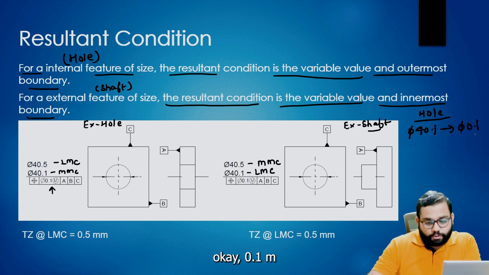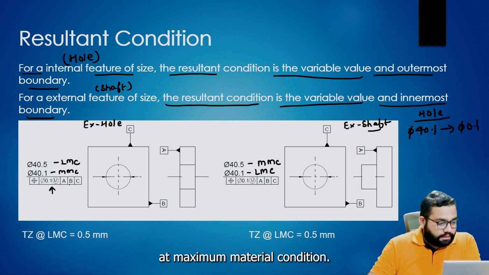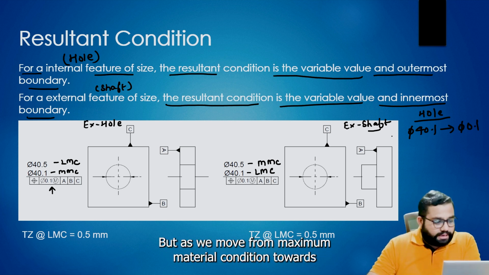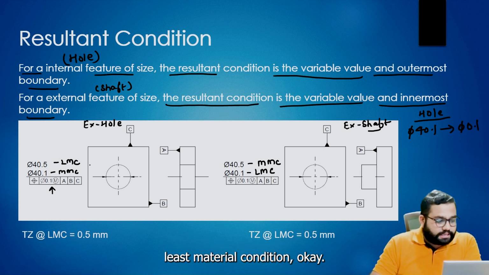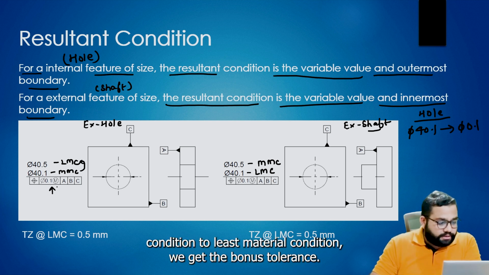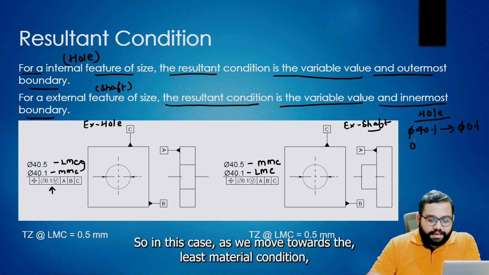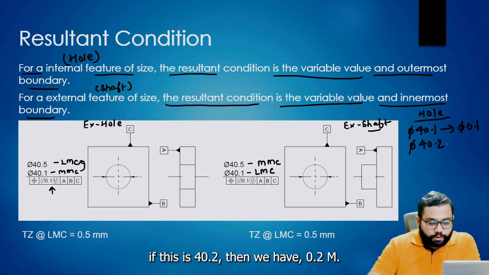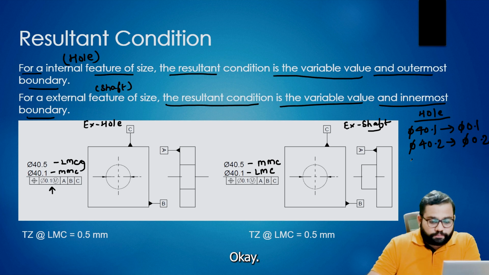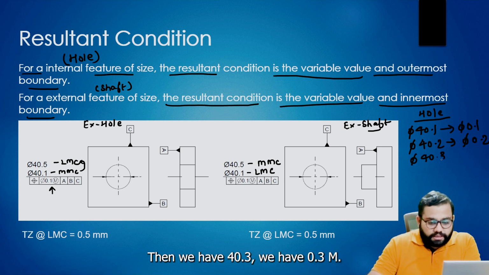But as we move from maximum material condition towards least material condition, we get the bonus tolerance. If the size is 40.2, we have 0.2 mm; when we have 40.3, we have 0.3 mm.